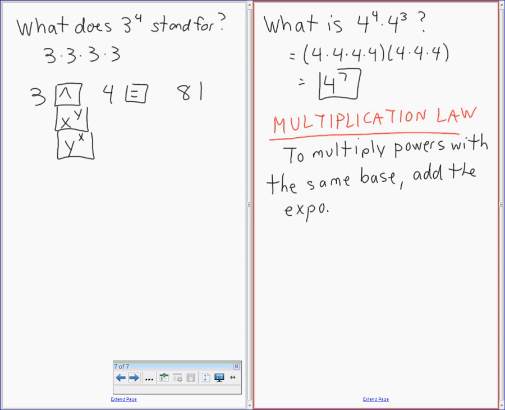And the general rule for that is a to the m times a to the n is a to the m plus n. Okay, so if the bases are the same, both bases are a's, you're just going to add the exponents. This should be coming back for some people a little bit. If not, that's okay, that's why you're in class.